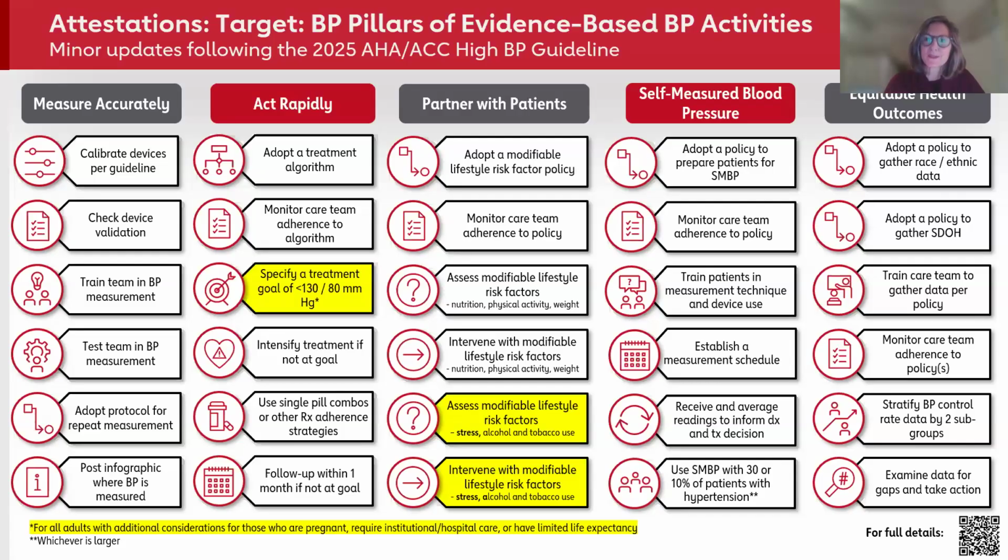The asterisk is what has changed in this, and it really is for all patients, with additional considerations for those who are pregnant, require institutional hospital care, or have limited life expectancy. And that is how that sort of universal treatment goal is recommended in the new 2025 guideline.